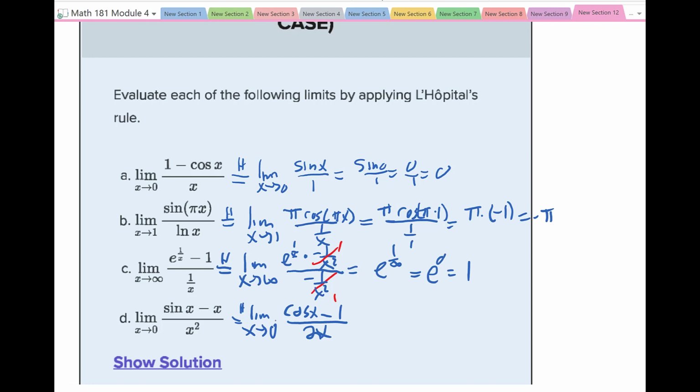So I'm going to apply L'Hopital's rule a second time. So we have the limit as x goes to 0 of negative sine x over 2. And that's going to give us 0 over 2, which is 0. Okay, that's how we do L'Hopital's rule. Let's go to another example.